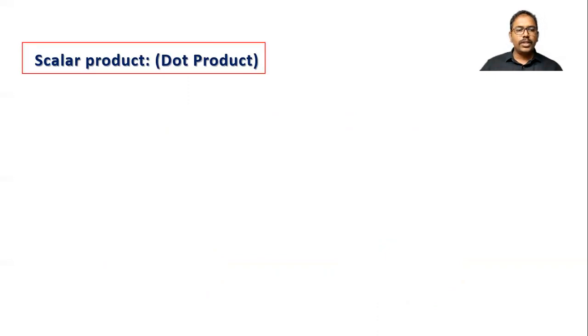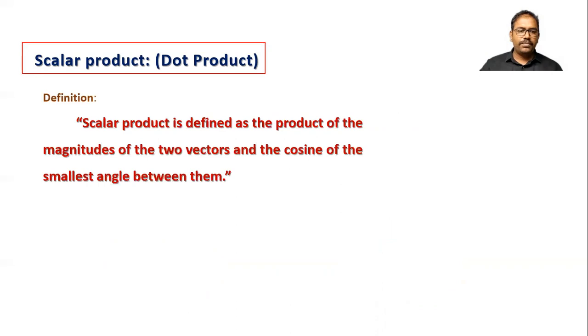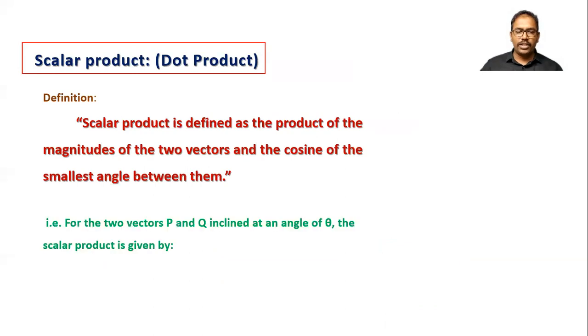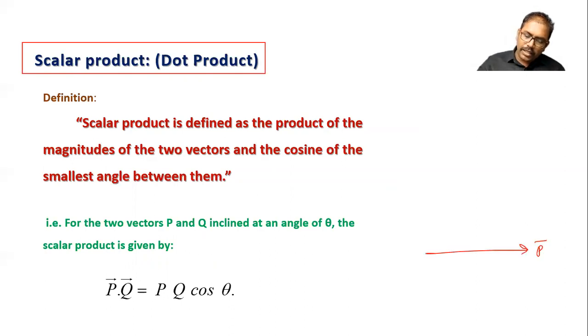Scalar product or dot product. First, let's see the definition. Scalar product is defined as the product of magnitudes of two vectors and the cosine of the smallest angle between them. Let's see two vectors, p bar and q bar, and theta is the angle between them.